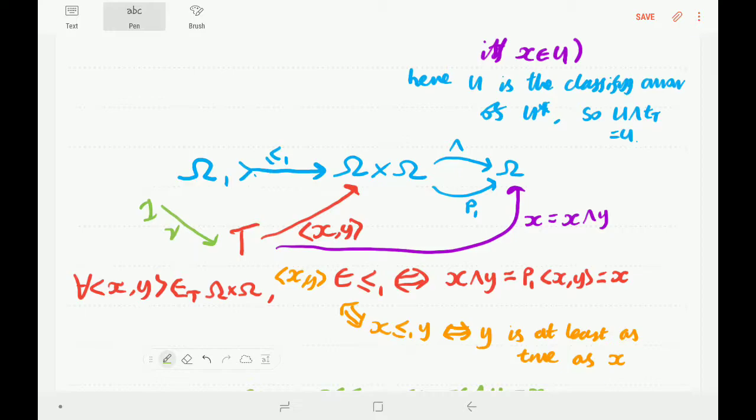Okay, so let's now get on to something different. Let's define this less than or equal to arrow, sometimes called less than or equal to 1, with subscript 1, as the equalizer of and the first projection.